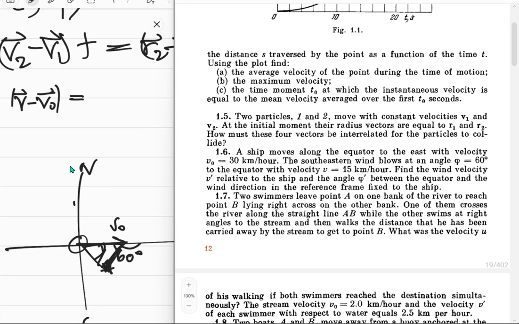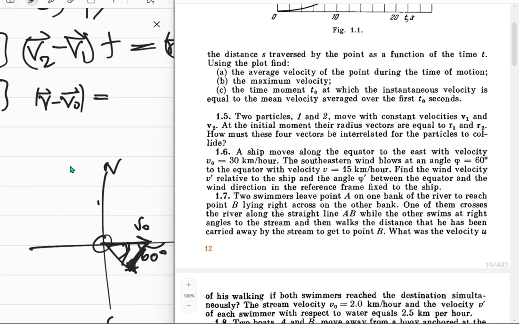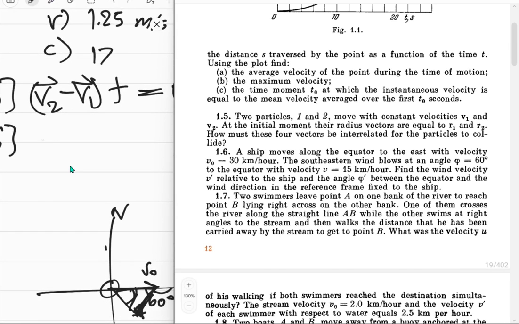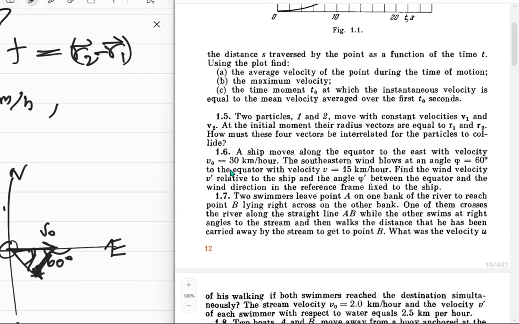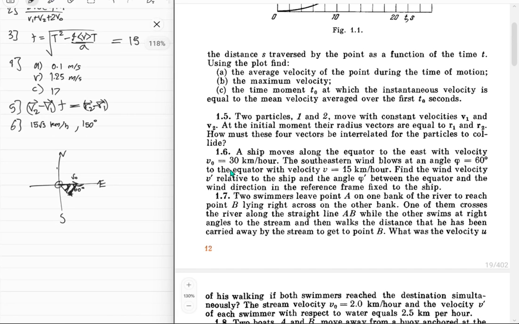So what's v naught? You notice this is 15 square root 3 kilometers per hour. That's the speed, and it's at an angle of 150 degrees. This is 60 degrees, this thing is 30, this thing is 150. Okay, that's it.